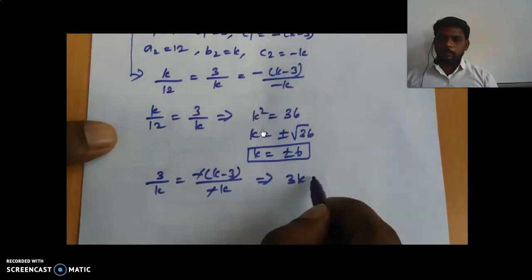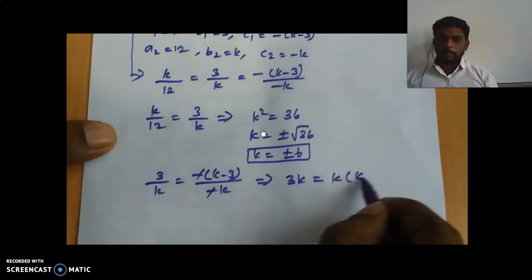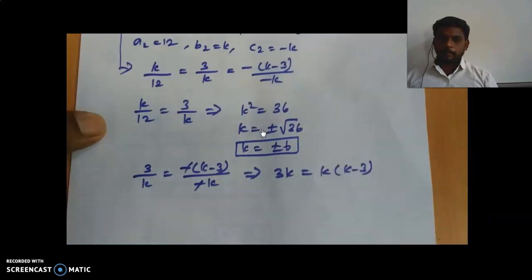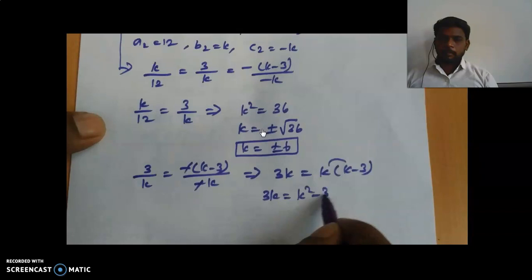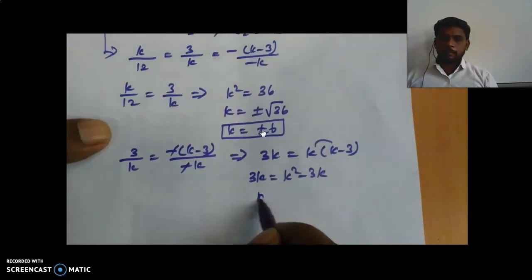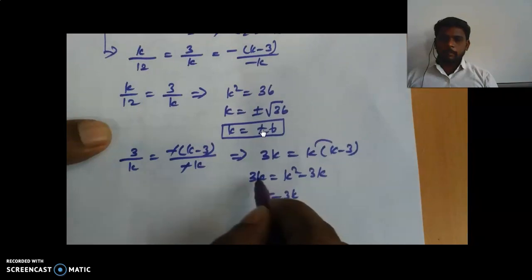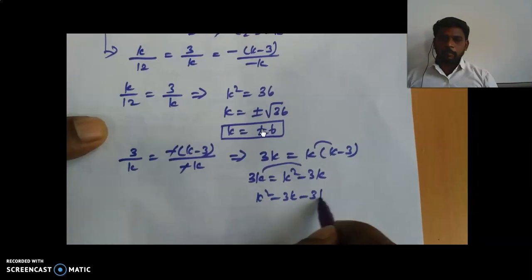So 3k equals, if you make a cross multiplication here, k into k minus 3, right? So 3k equals, multiplying inside, k square minus 3k. If you bring it to the left hand side, it will become k square minus 3k minus 3k equals 0.